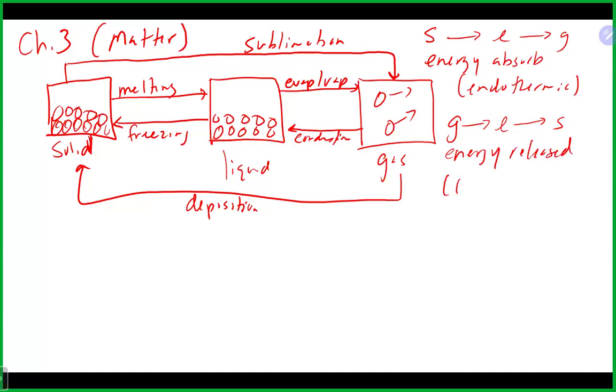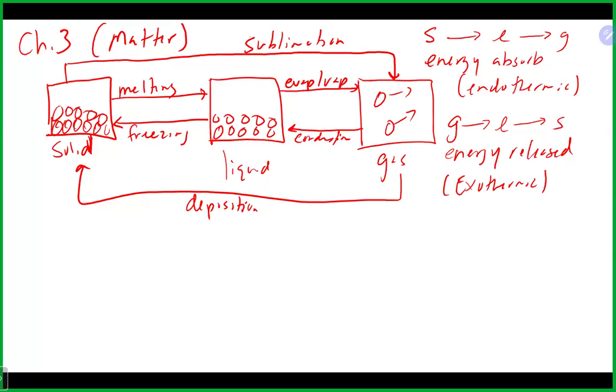And that is what is known as an exothermic process. As the gas molecules release energy, they no longer have enough energy to sort of pass one another, so they kind of stick together. And as they continue to lose energy, they start to slow down and they sort of lock themselves up into more of a solid state.